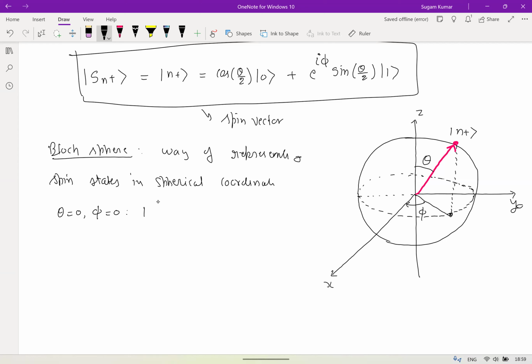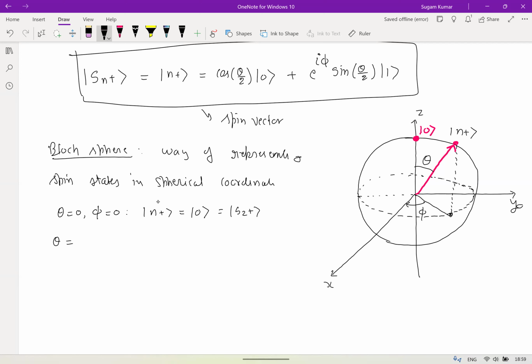So this |n+> is simply going to become nothing but |Sz+>. So this is the one state. Here, maybe I can just show by a red dot, okay? So this is the state I am representing as |0>.